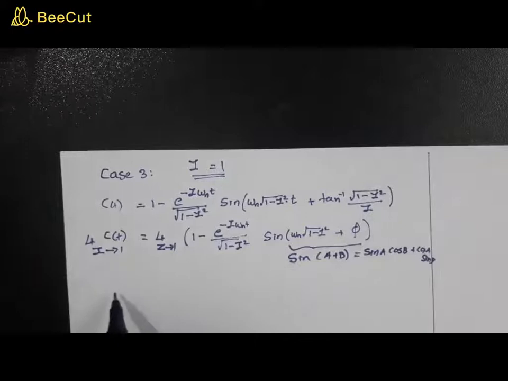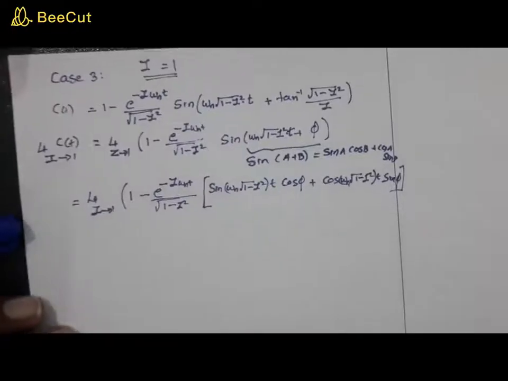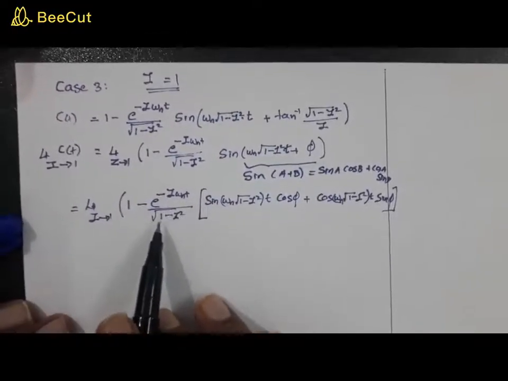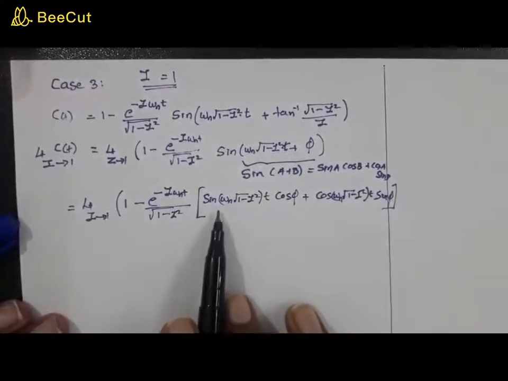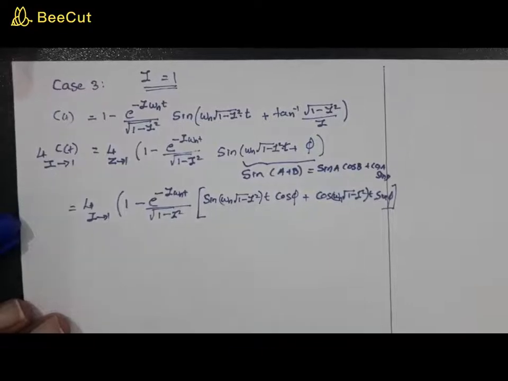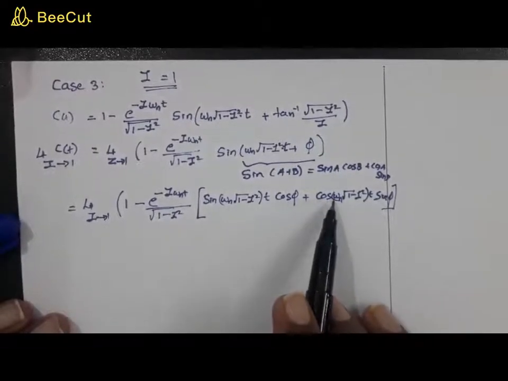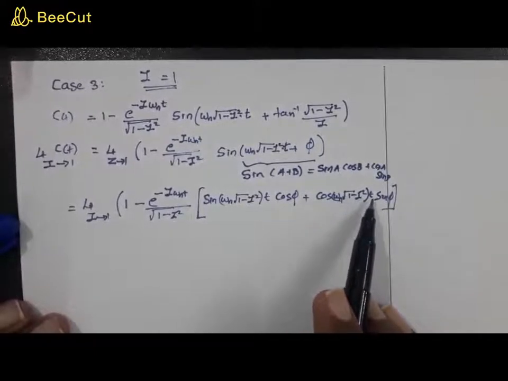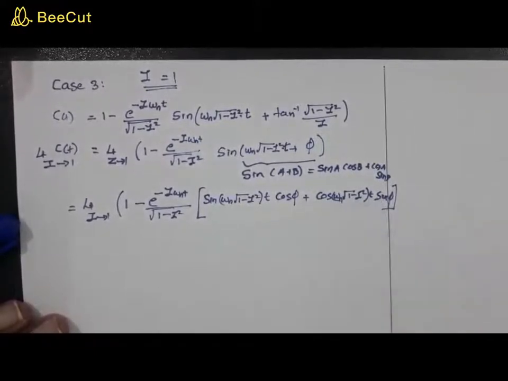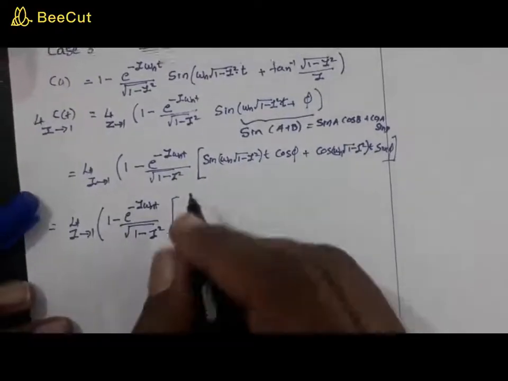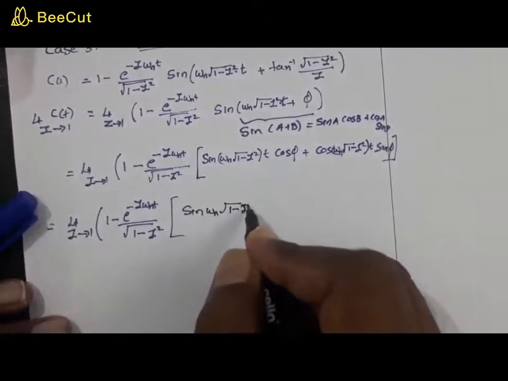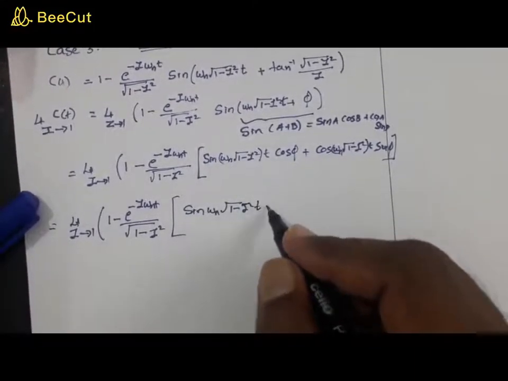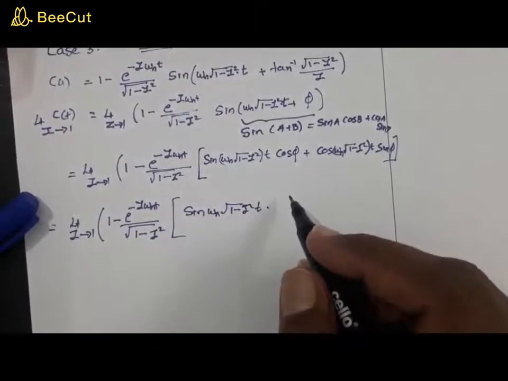So in this form I can rewrite this as limit, so we'll get 1 minus e raised to minus theta omega n into t divided by root of 1 minus theta square, times sine a, considering this as a and this as b, so sine of omega n into root of 1 minus theta square into t, cos phi, plus cos a, that is cos of omega n into root of 1 minus theta square into t, sine phi. Now what is cos phi?